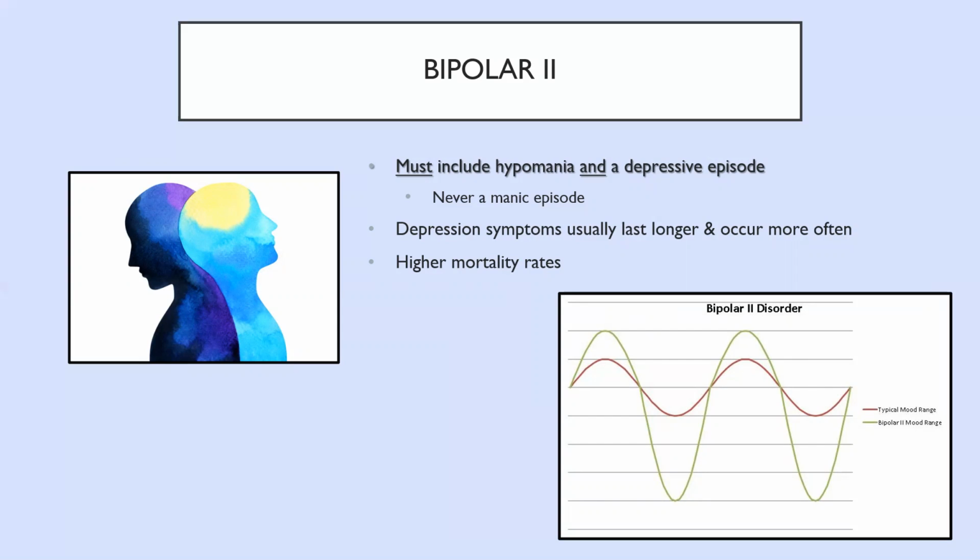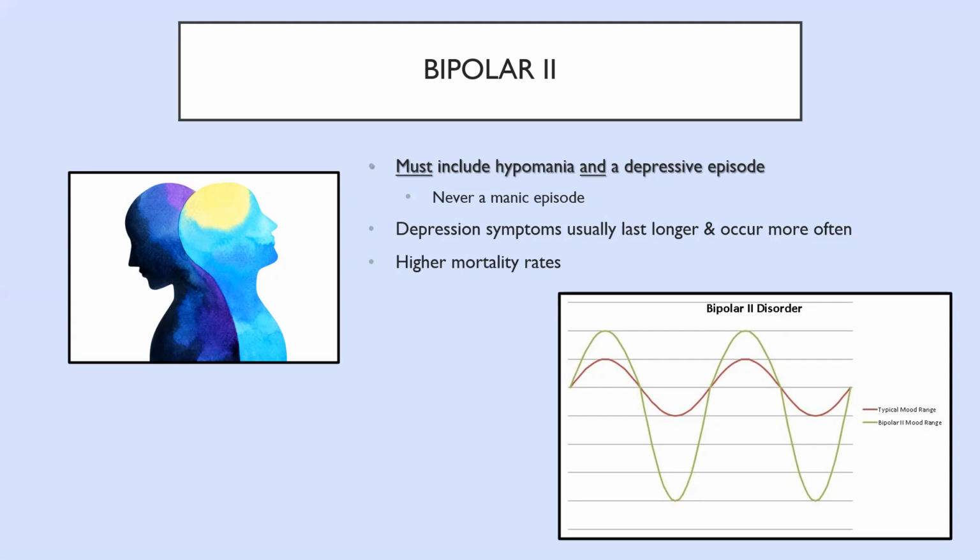Sometimes people think of bipolar 1 as being more severe, but both are basically bad in their own way. So bipolar 1 is quite severe because individuals experience that through full mania. Bipolar 2 is quite severe because they tend to have more depressive episodes and they last longer.